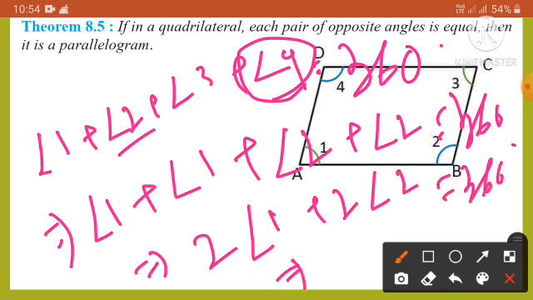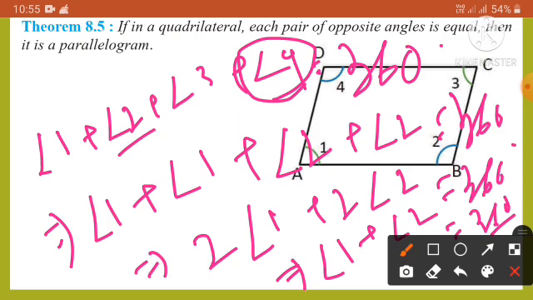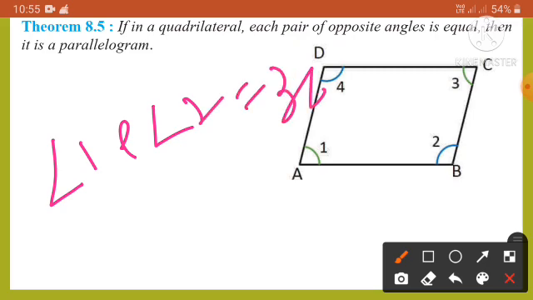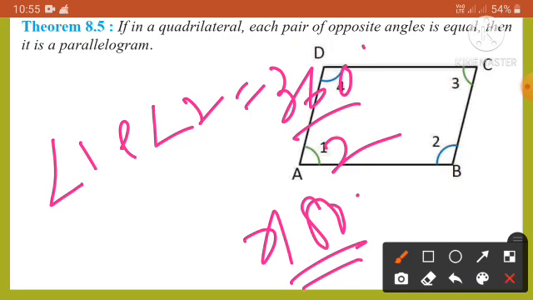So angle 1 plus angle 2 equal to 360 by 2, that is 180 degree. Similarly, you can prove that angle 1 plus angle 4 equal to 180 degree.